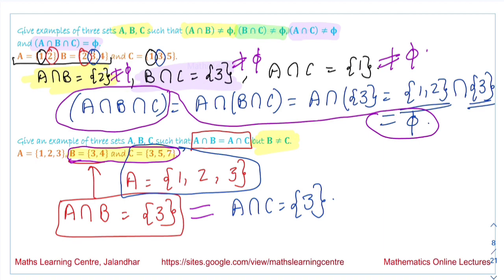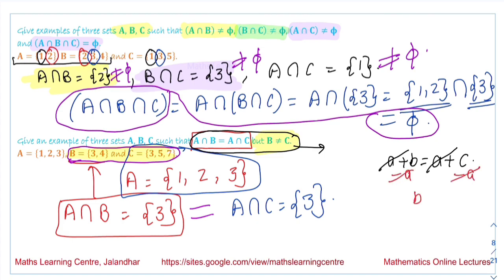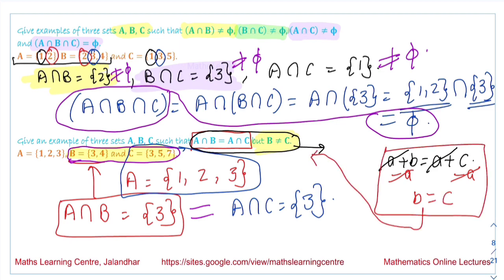This example is also important from the point of view that when we are talking about, say, the real numbers, what we have is that A plus B is equal to A plus C. Generally we subtract A from both sides and we say that B is equal to C. But this kind of result does not hold for sets.